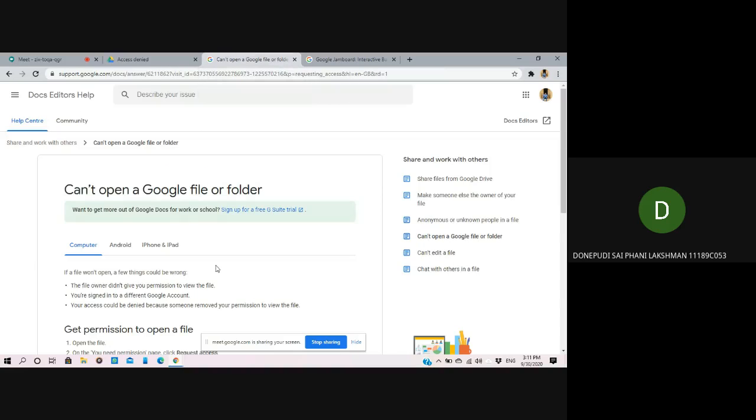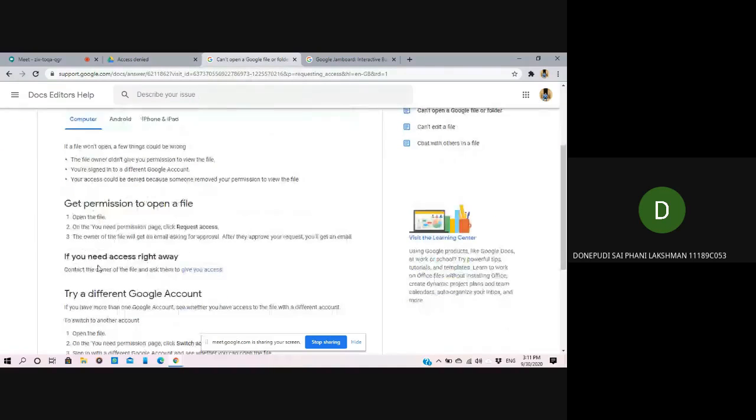Send, sir. Get permission to open a file, sir. Here you need to give access. Once you need permission, click request access. The owner of the file will get it. Okay, sir. Let me check it.